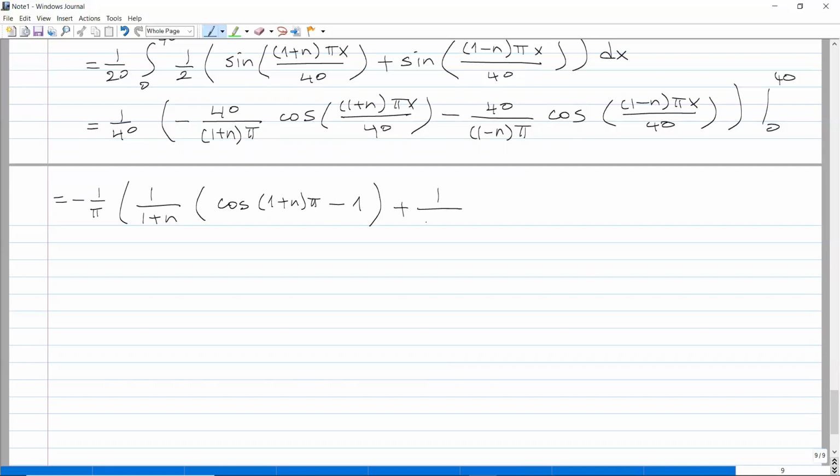Plus 1 over 1 minus n. If I put x equals 40, let's write it this way, cosine of 1 minus n pi, minus, when I put x equals 0, I get 1. So minus 1 over pi.